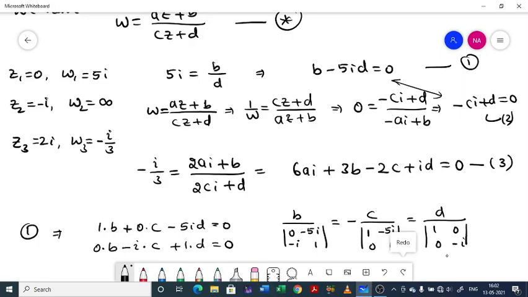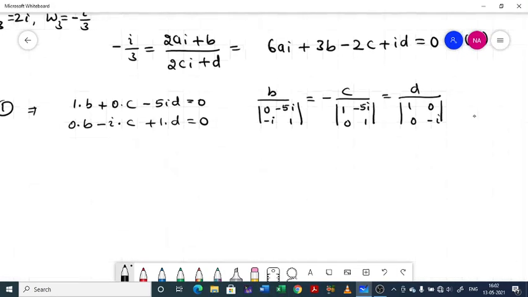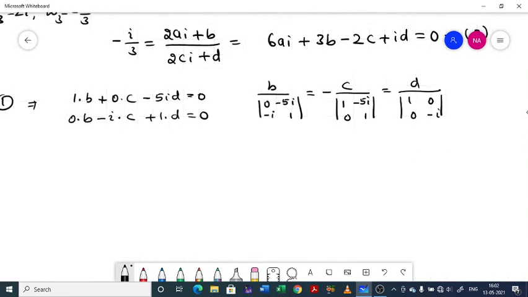Now simplifying this, we'll be getting b divided by minus into minus plus, there is one more minus sign, minus i square, there is again minus, so it will be plus 5, equal to minus c divided by 1 equal to d divided by minus i equal to k.